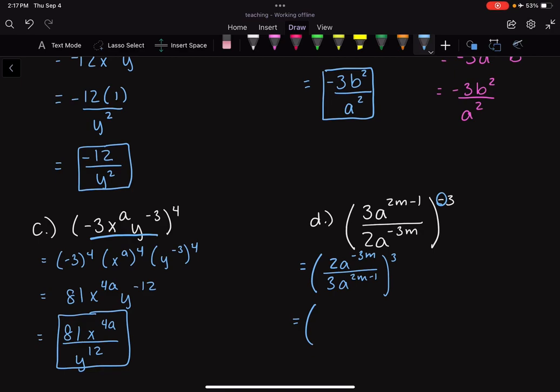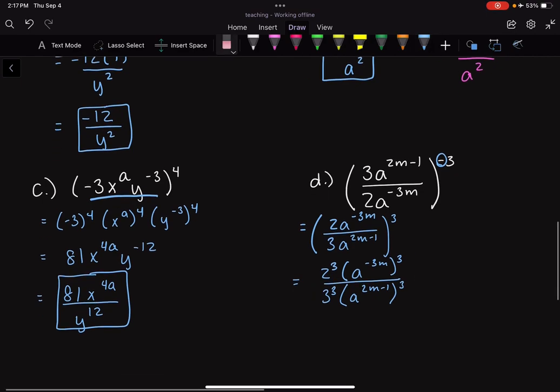So that's going to leave me with 2 cubed, a to the negative 3m cubed, 3 cubed, and then a to the 2m minus 1 cubed. And I don't really need the outside parentheses anymore since I don't have an exponent there.